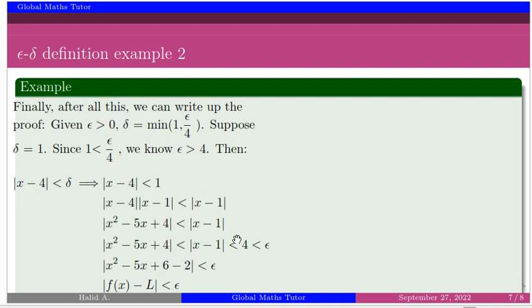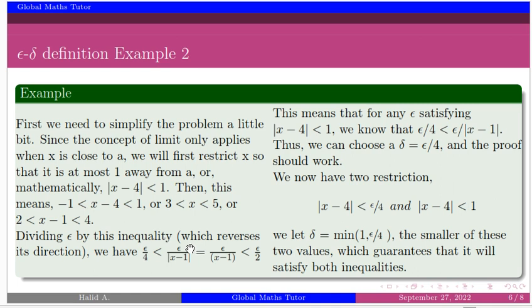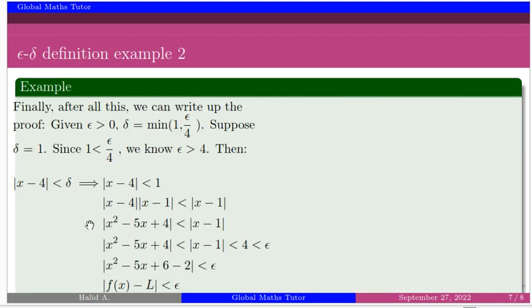We know it because this absolute value of x minus 1 is less than 4 always if we choose delta as 1, and this 4 is, we know that, less than epsilon because 1 is less than epsilon over 4. Thus this expression is written as |x squared minus 5x plus 4| less than epsilon, and it will be x squared minus 5x plus 6 minus 2.